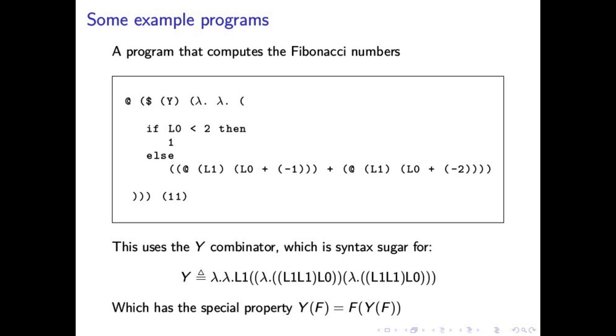The way it computes the Fibonacci numbers is by checking whether L0, which, if we draw a parallel with fib of x, would be x, is less than 2, and if it is, it returns 1.